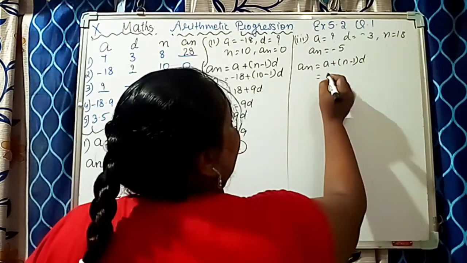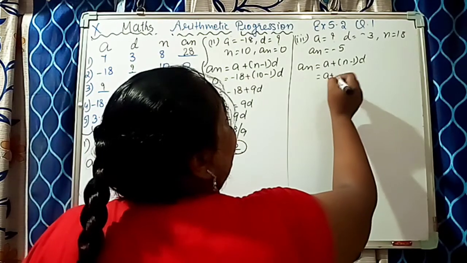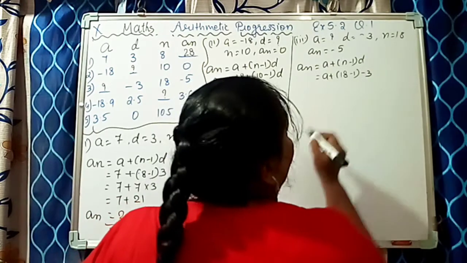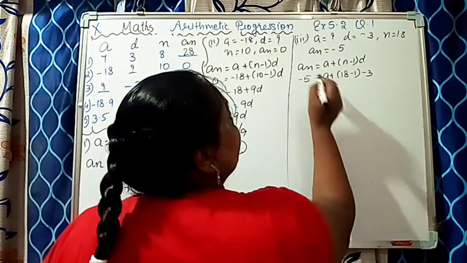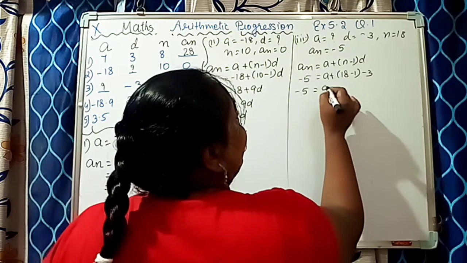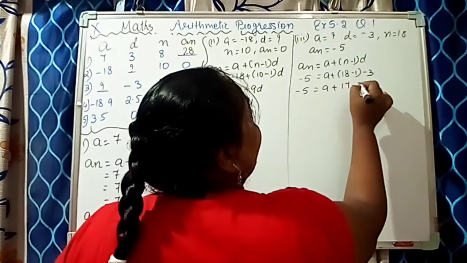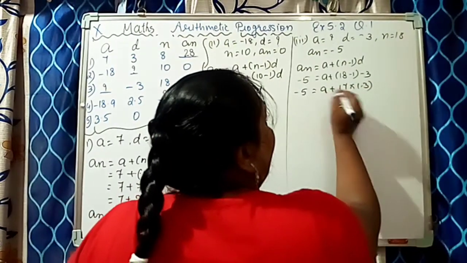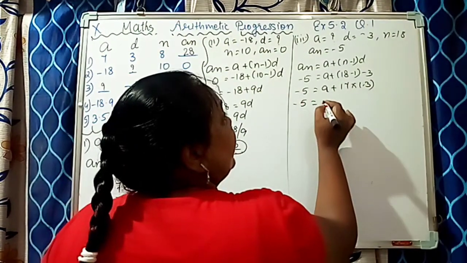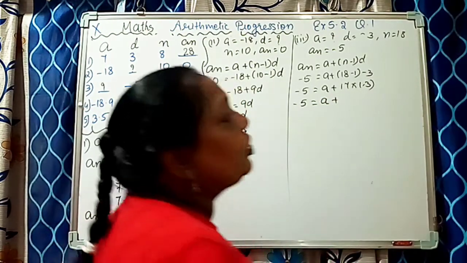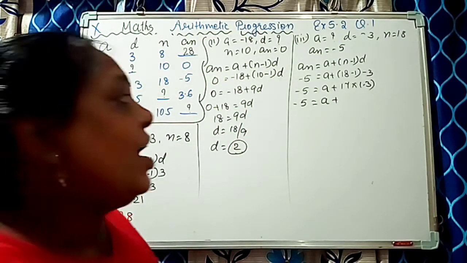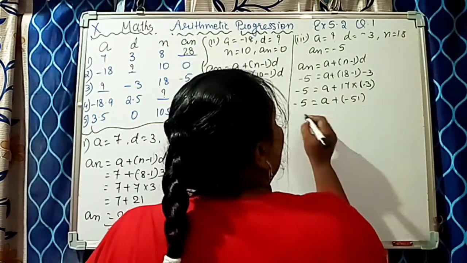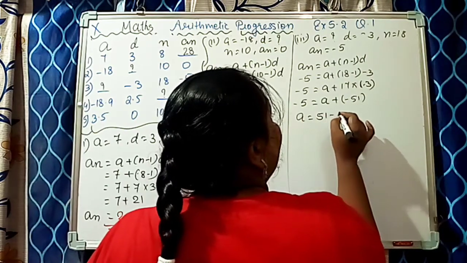We have to find a. n is 18 minus 1, d is minus 3, and a_n is minus 5. So minus 5 is equal to a plus 17 into minus 3. Minus 5 is equal to a plus 17 into 3, how much is it? 51. So minus 51. Therefore a is equal to 51 minus 5.